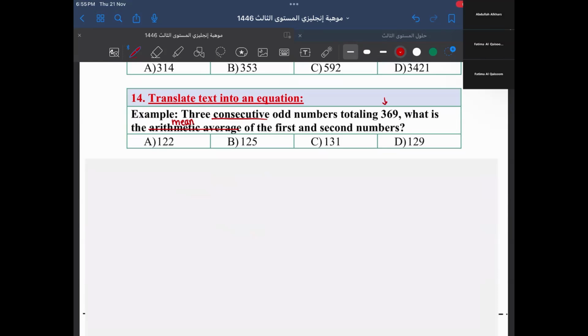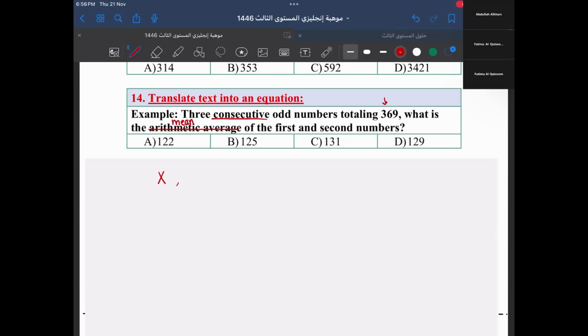How can we solve it? We need to make this sentence into an equation. Okay, so how can we do it? If we assume that the first number is x, then the next number would be what? If it's the consecutive odd number. Yes, Abdullah?